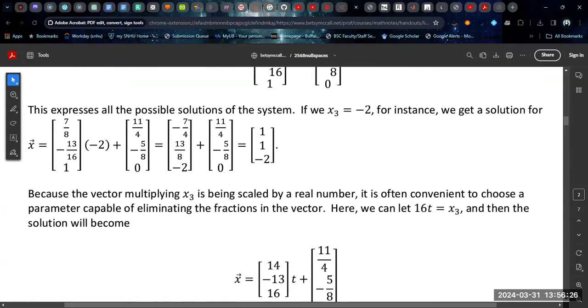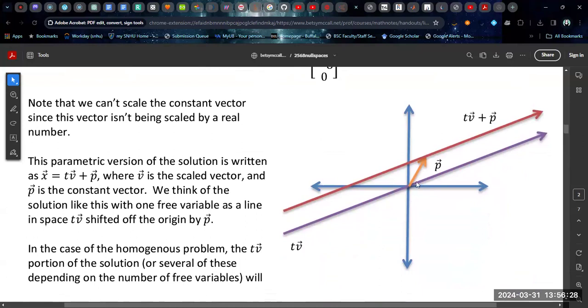And so that's why we say that this p vector is that constant, that shift away from the origin. The parameter times the solution vector is the homogeneous solution. And then if you add the homogeneous solution to that constant shift, then you get the solution to the dependent but non-homogeneous system.